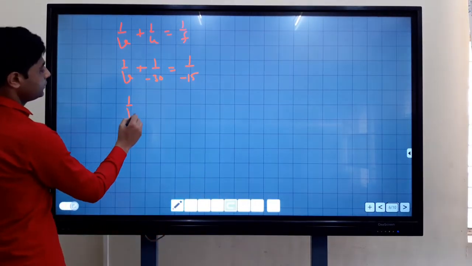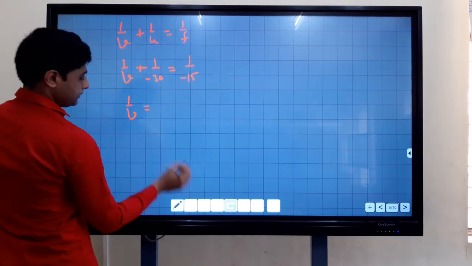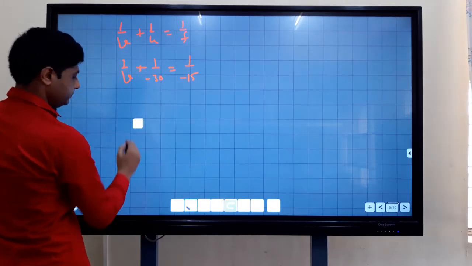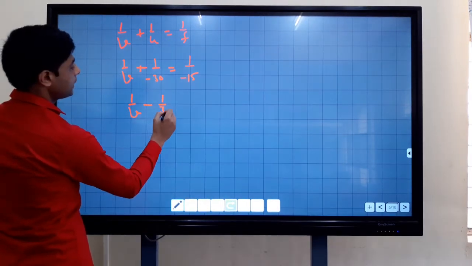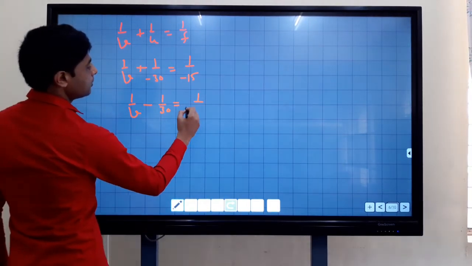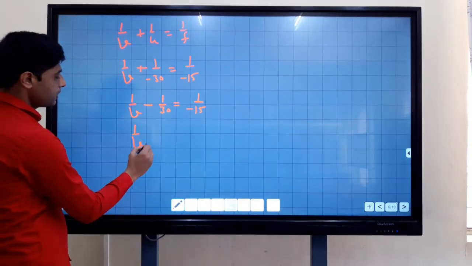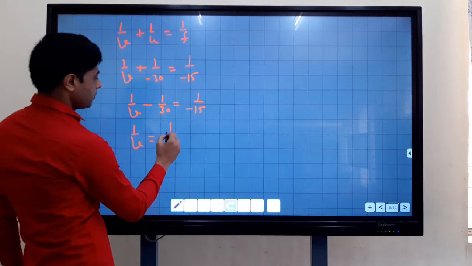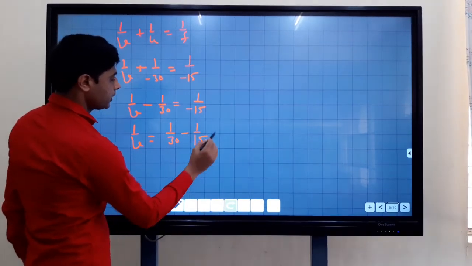So 1 upon v minus 1 upon 30 equal to minus 1 upon 15. So 1 upon v equal to 1 upon 30 minus 1 upon 15.